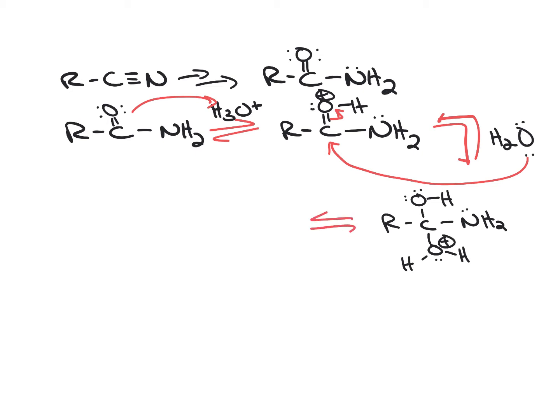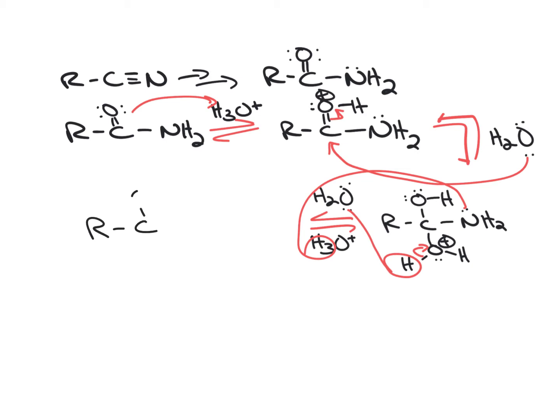Next, we would have a couple of proton transfers. So water can grab off one of these protons, and H3O plus can give up a proton to the nitrogen, and that would give this intermediate.